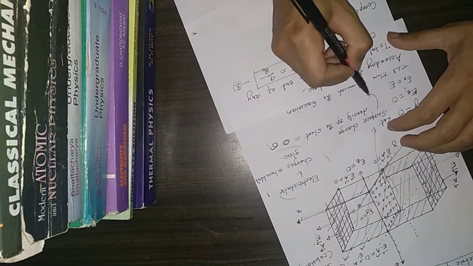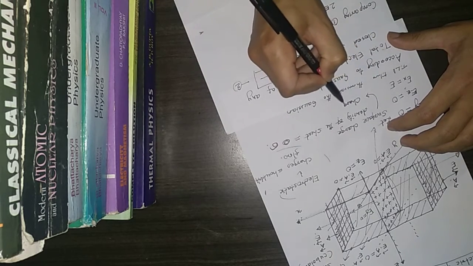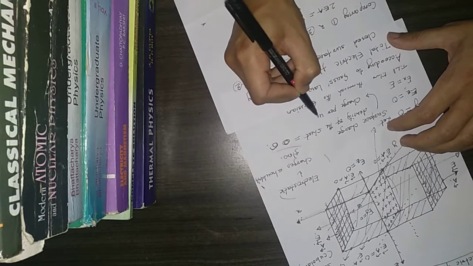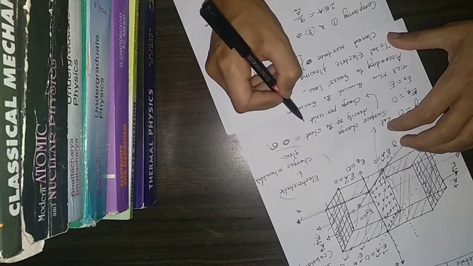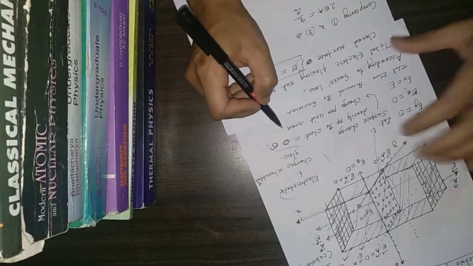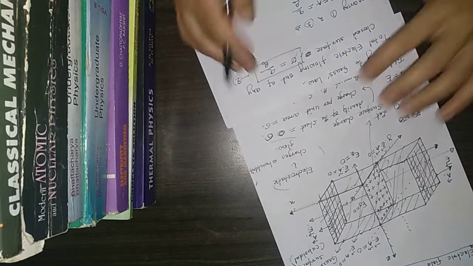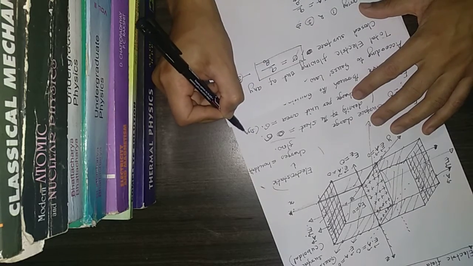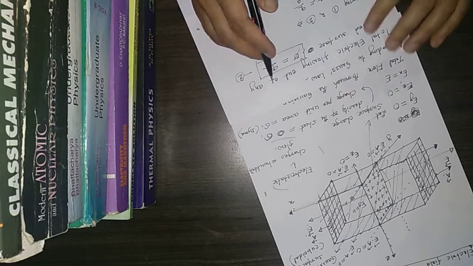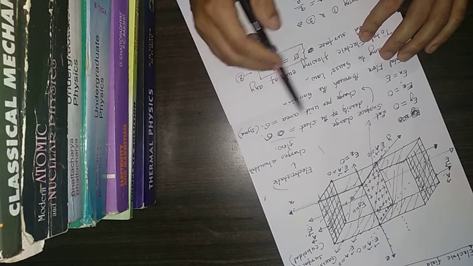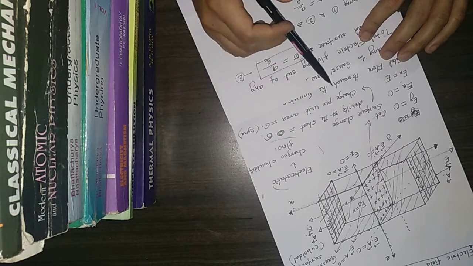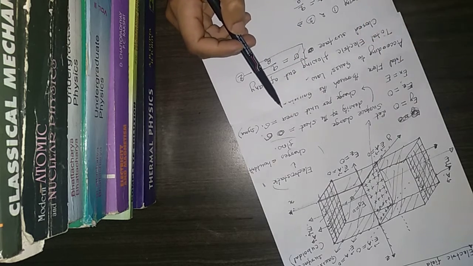So the charge per unit area for the plane sheet is sigma, a Greek letter. So sigma is the charge density of the sheet, or charge per unit area of the sheet.